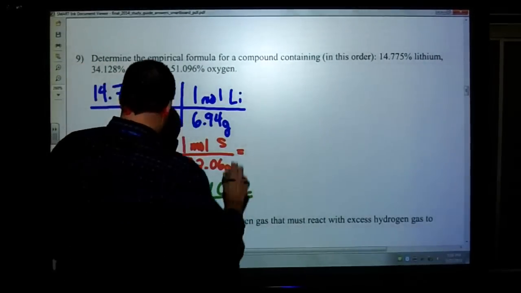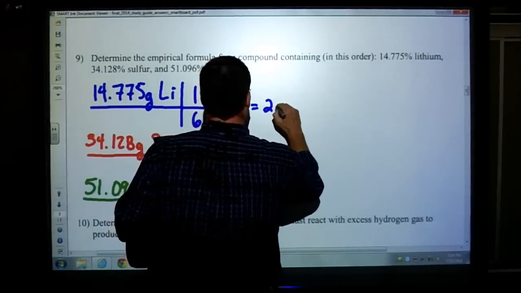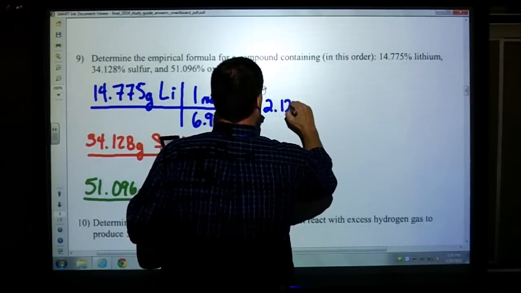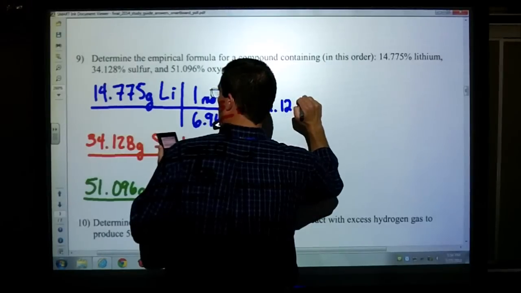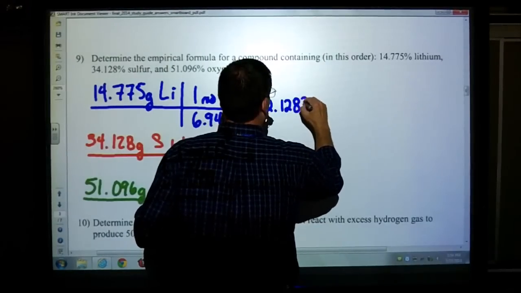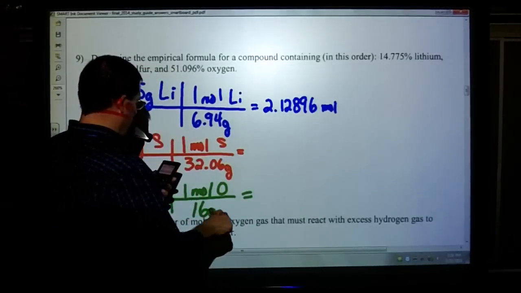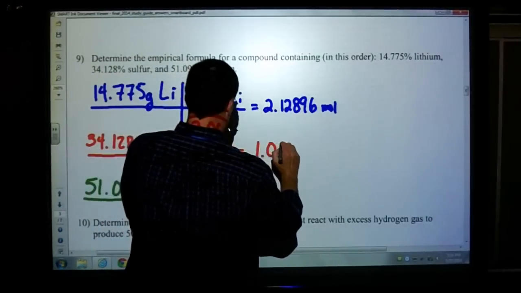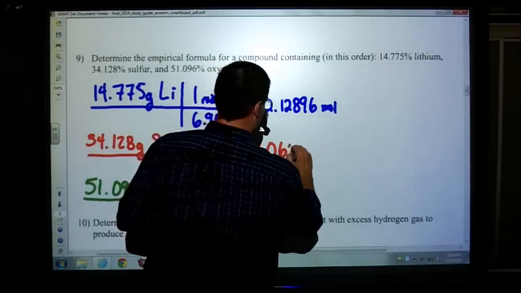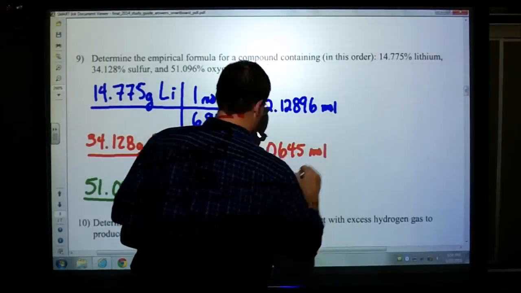So let's get some values there. Here are my values. For lithium, I have 2.12896 moles, and I don't want to round this. For sulfur, I have 1.0645 moles. That's what my calculator is telling me.